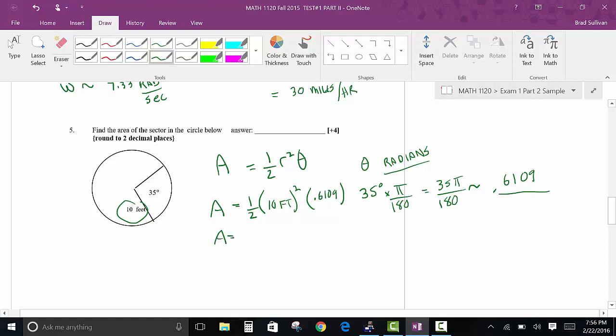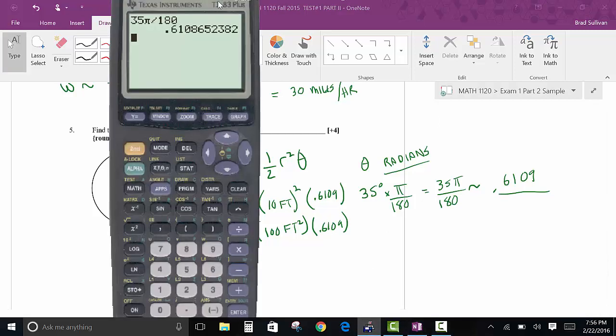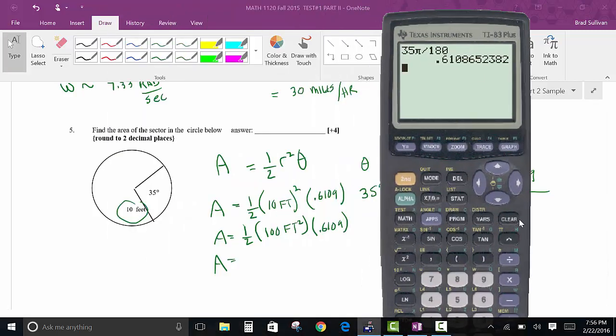Now we just work out the details. So we're going to have 1/2 times 100 square feet times 0.6109, and the answer of this is going to be in square feet. You can do this in the calculator like this if you want to. There's actually several ways you could do this.